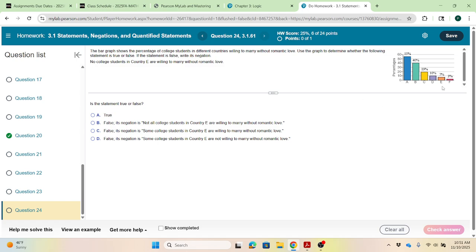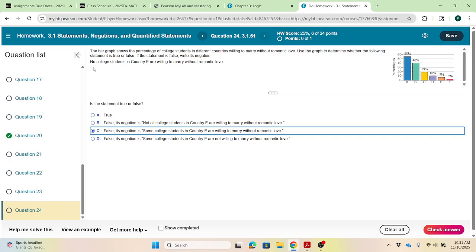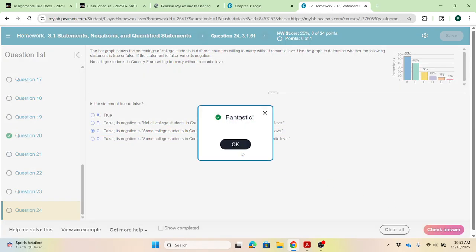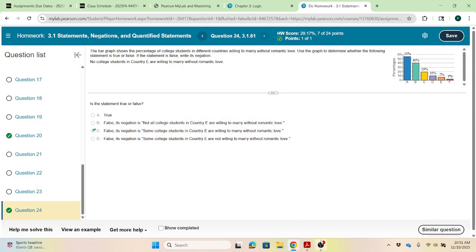This is false because 7% of college students from country E are willing to marry without romantic love. So the negation is: some college students in country E are willing to marry without romantic love. The negation of no is some. Okay, that's all for this section.